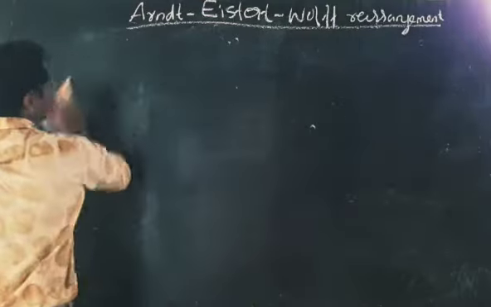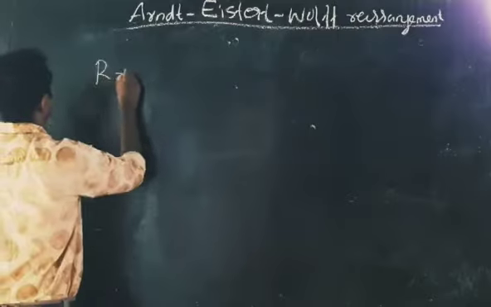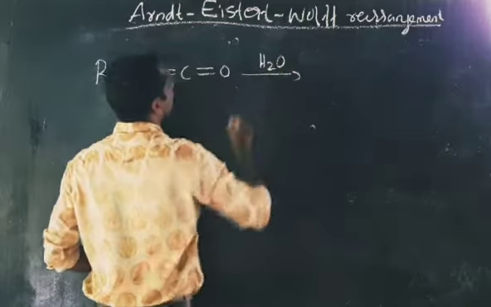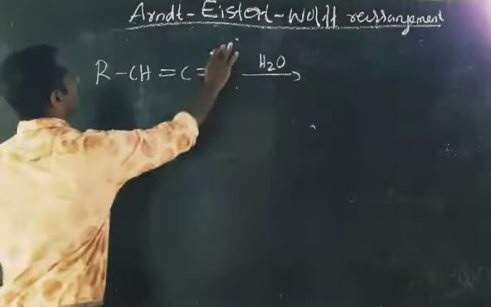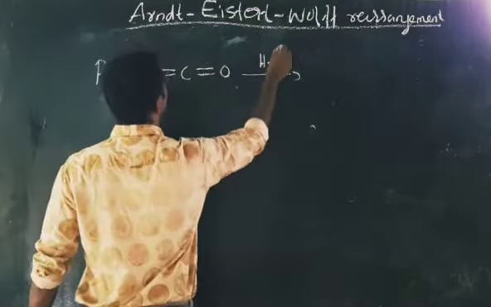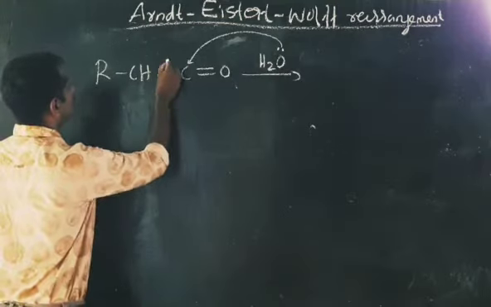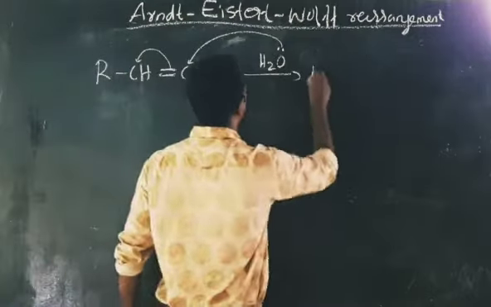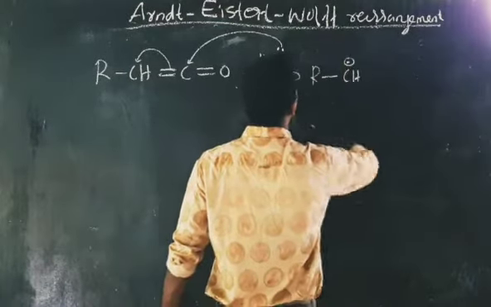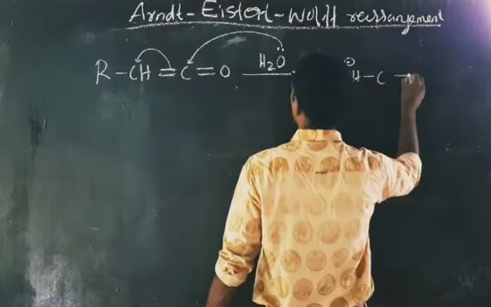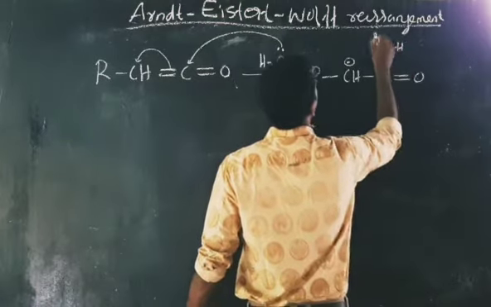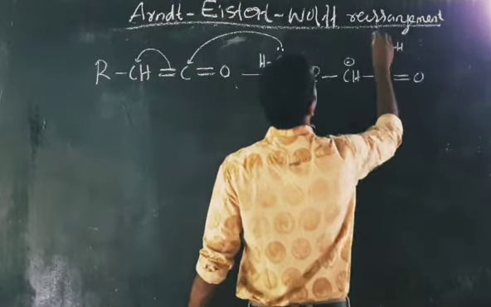The ketene is RCH double bond C double bond O. The lone pair of the water attacks this carbon, and this pair of electrons moves to the other carbon, and you get RCH with a negative charge, C double bond O, and here OH with a positive charge.